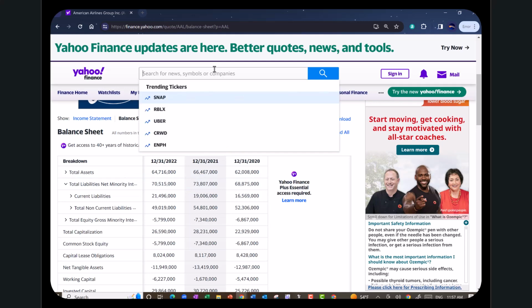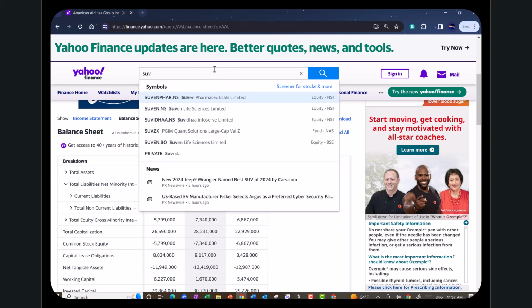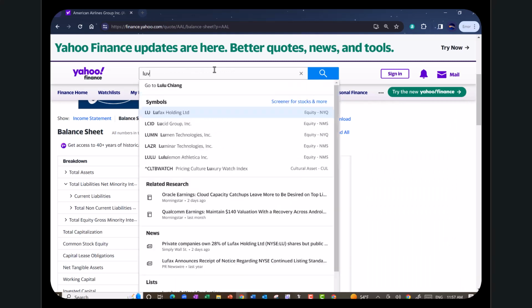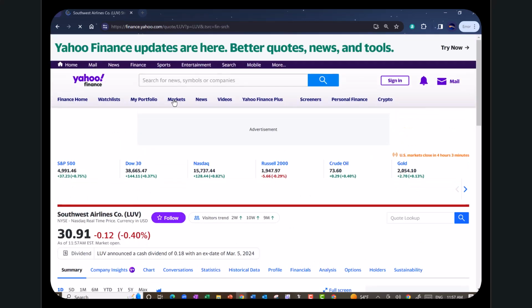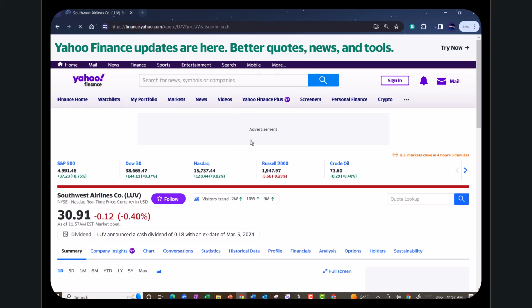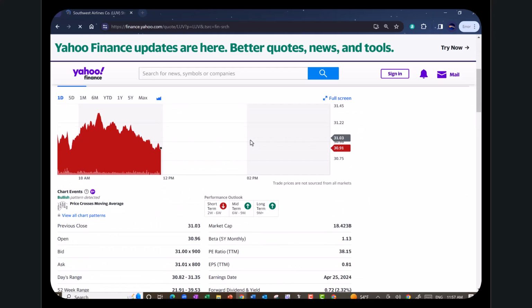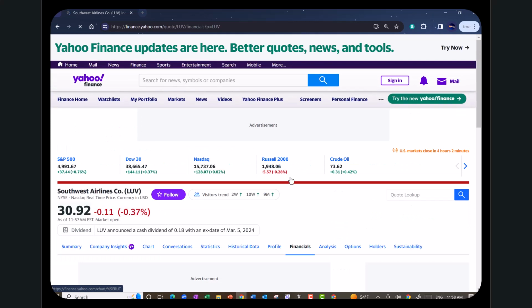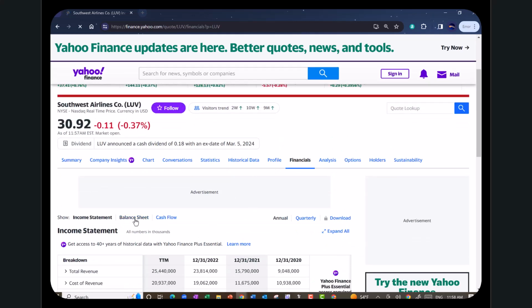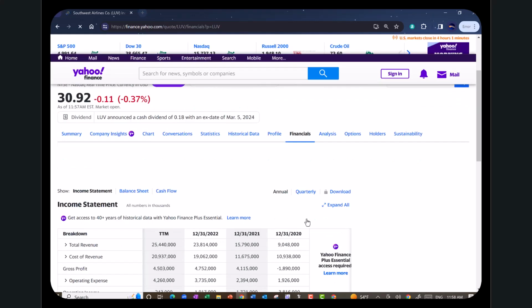On the other hand, let's look at one of their direct competitors, not SUV, LUV. They let the companies choose their tickers if it's available. So Southwest thinks that they're a lovely airline. I've never flown with them, so I have no idea. They never fly to places that I'm flying, at least cheaply. Let's look at their financials, balance sheet and quarterly.